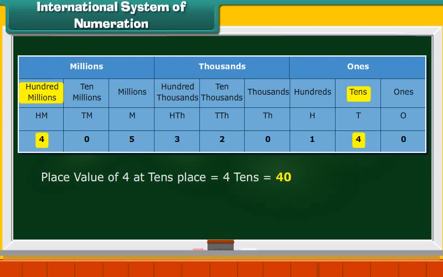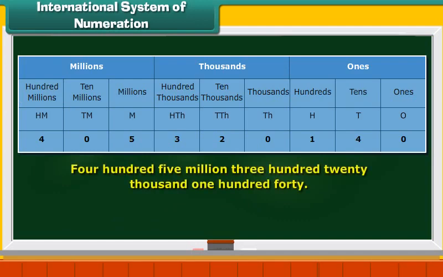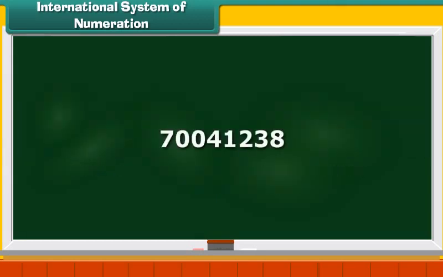But the place value of the 4 at the tens place is 4 tens, that is 40, and at the 100 millions place is 400 millions. Now we read the number: 405,320,140.